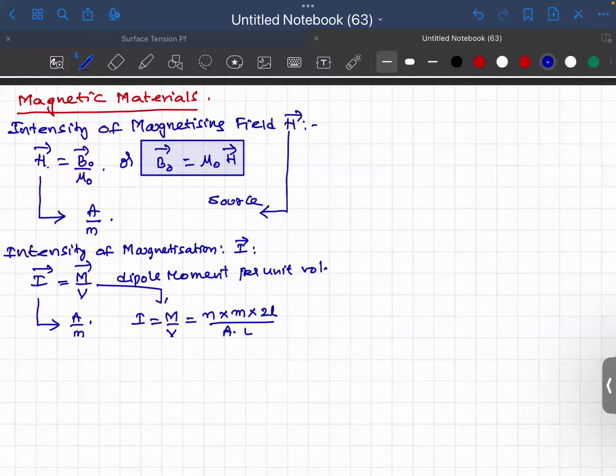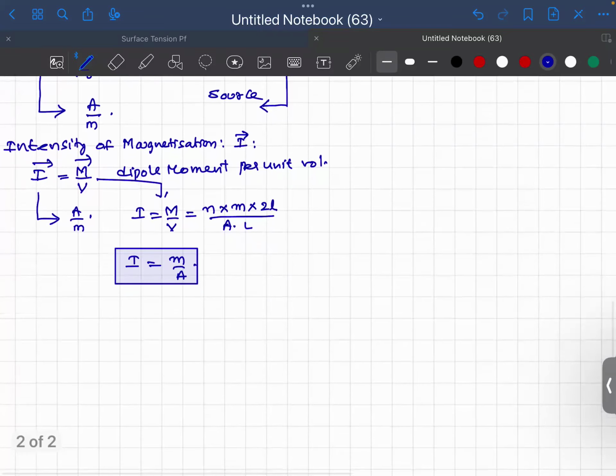Then literally, because aligning all n times 2l becomes capital L. So this one also you can use, right?